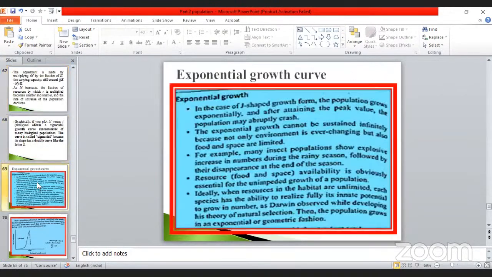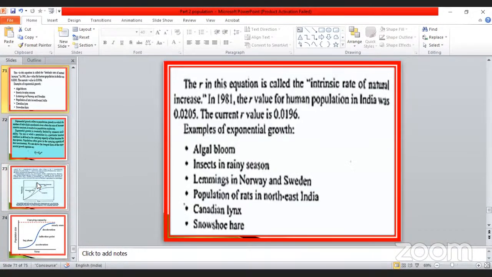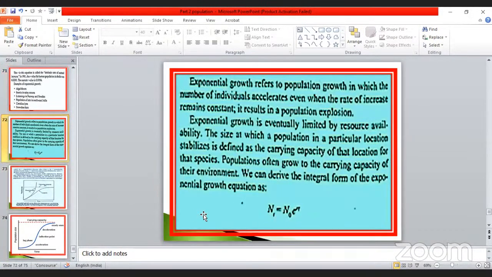Exponential growth is very, very important. So many times they have asked questions. We can derive the integral form of the exponential growth equation. The exponential growth equation is denoted as Nt equals N0 e^rt. Next slide I will show you. I will share another one, then it will be better for your understanding.